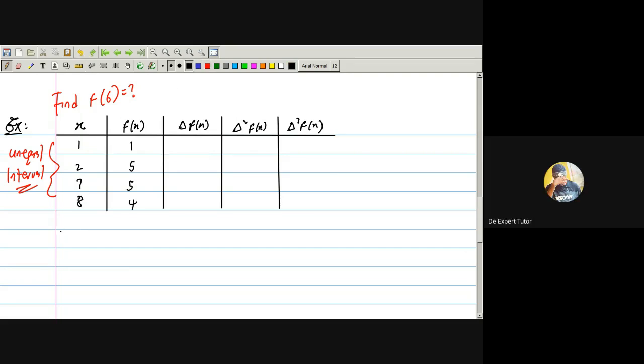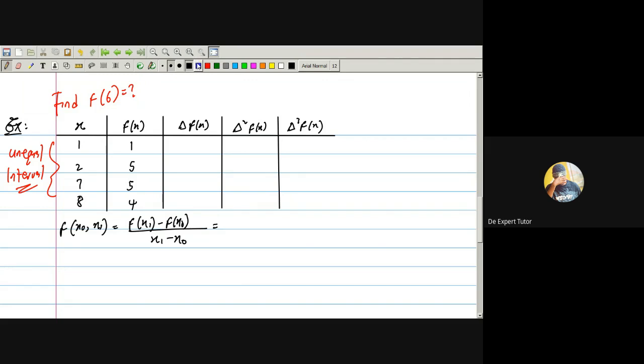So the calculation will begin. f of x0, x1 is f of x1 minus f of x0, over x1 minus x0.